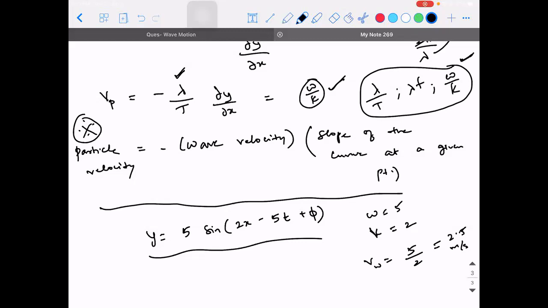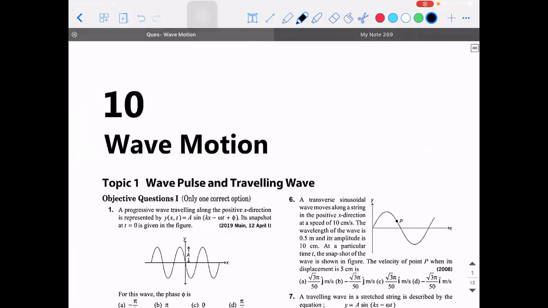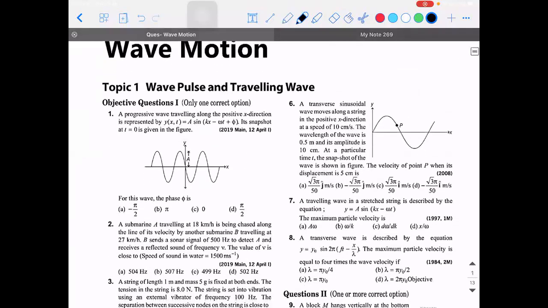Shall we do some problems? So there is a question here. You guys try. There is a progressive wave which is traveling along the positive x direction represented by the equation y of x comma t is equal to a sine of kx minus omega t plus phi.